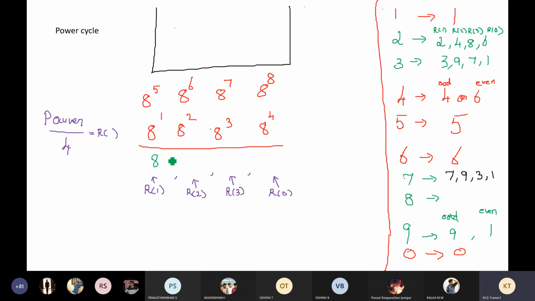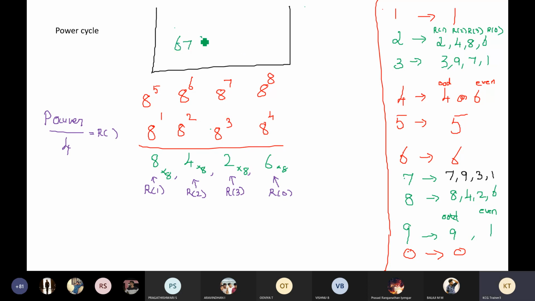See, it would be 8, 8 square, 64, 4, 8 cube, 512, 2. And what did I tell you? Even if you don't know the values of 8 powers, just multiply 8 with the first one, 64. 8 fours are 32, 2. 8 twos are 16, 6. 8 6s are 48, you'll again get the first value. So the pattern repeats. So what is the pattern? 8, 4, 2, 6.